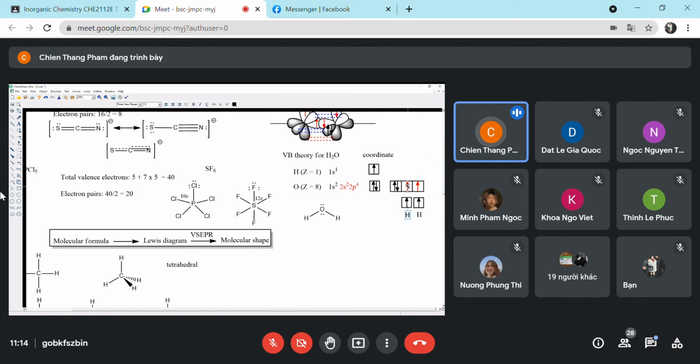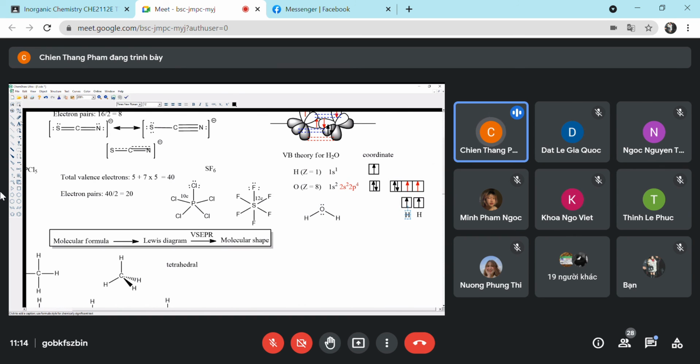The two p orbitals of oxygen overlap with the s orbital from hydrogen and can form the OH bond here. The OH bond forms from the s orbital of hydrogen and the p orbital of oxygen.